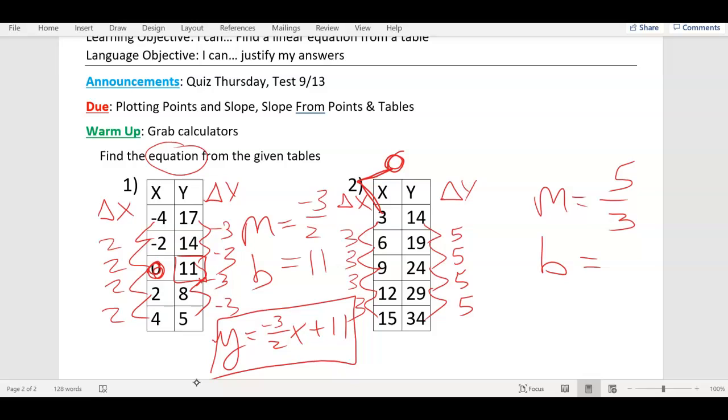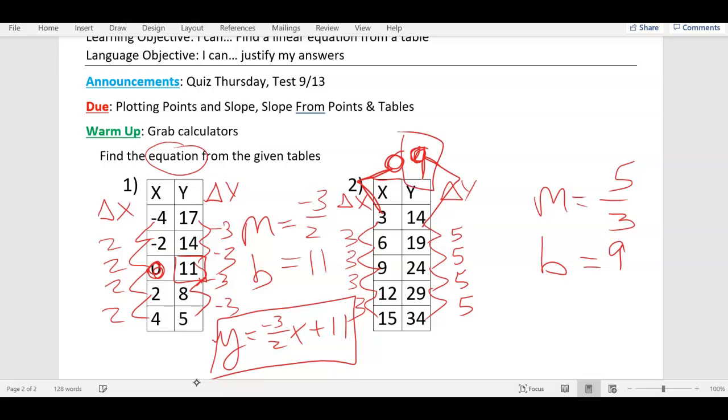So what do I got to do on the other side? What do I got to go back on this one? 5, right? So 14 minus 5 gives me what? 9. Is everyone able to do that? If you do not have a 0 for x, you got to get the 0. You got to find where it is. Follow the pattern, okay? Same pattern as before. So when x is 0, what is y? 9, okay?